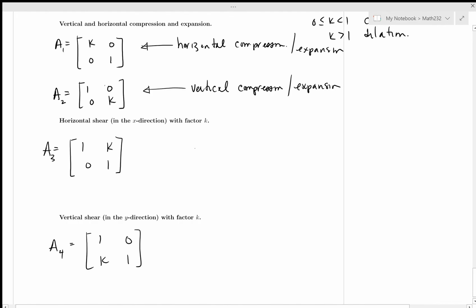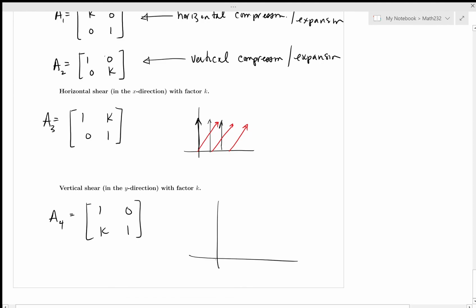So that means if you have a vector here, you could sort of imagine a bunch of vectors like this, and then what happens is after the operation has happened, your vectors are like this. Okay, that is a shear in the x direction. And then similarly here, if we have vectors like this, then we apply a shear to it, we end up with your vectors being this way. Okay, so that's the horizontal and the vertical shear.